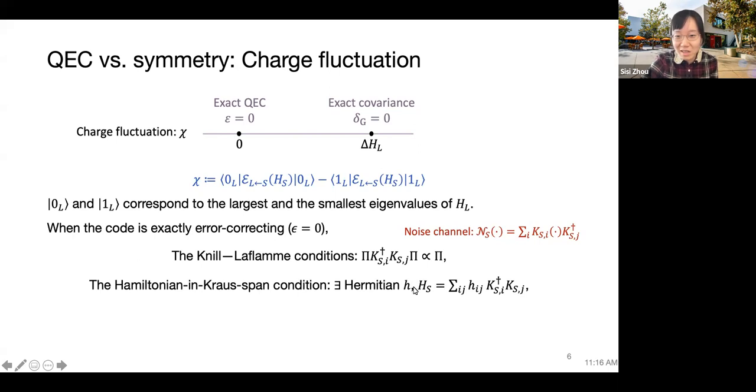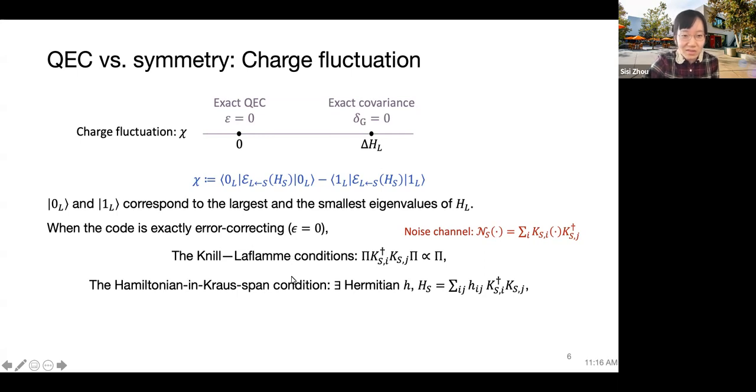It says that the Hamiltonian can be written as a linear combination of the Ki dagger Kj terms, where the Ki are the noise operators. It is actually a quite general condition, because, for example, if these Ki, Kj are local terms, then this Hamiltonian also covers all types of local Hamiltonians.